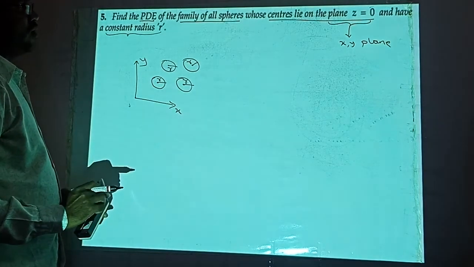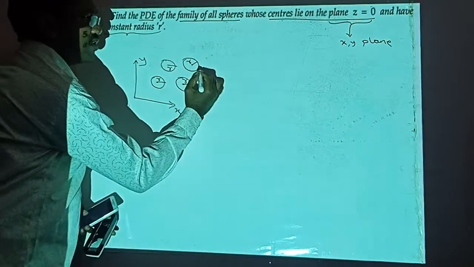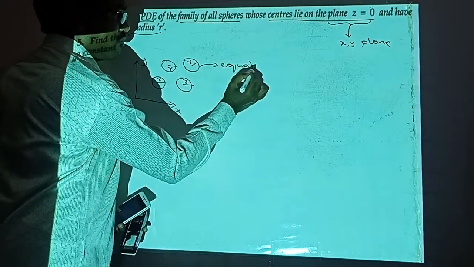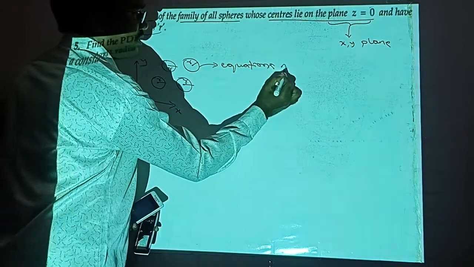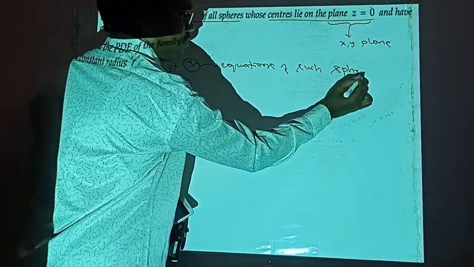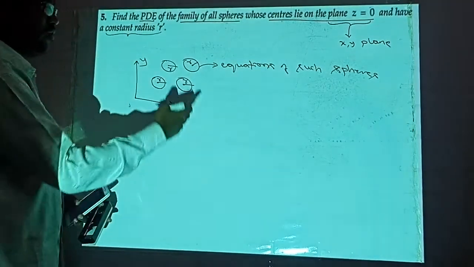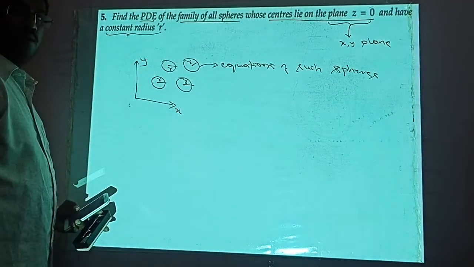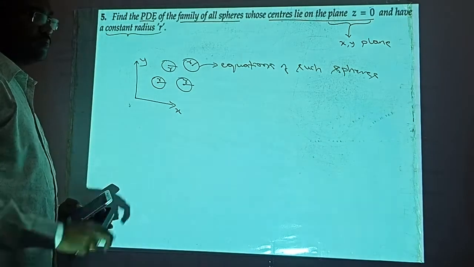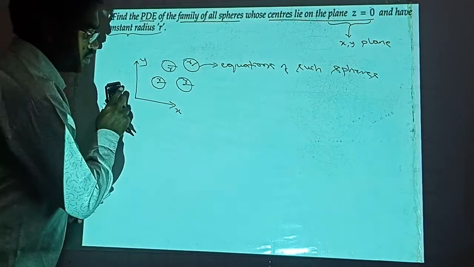So what we need to find first of all? We need to first find what are the equations of such spheres whose centers are on xy plane. Let us find out.